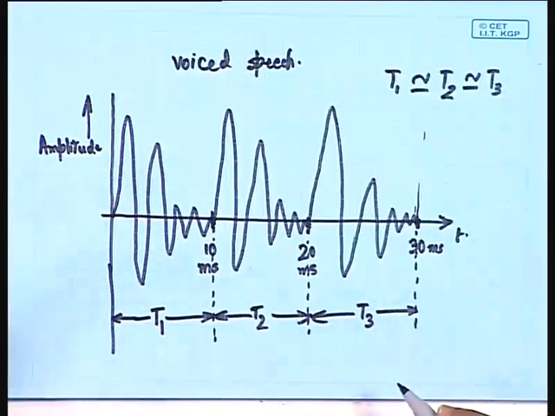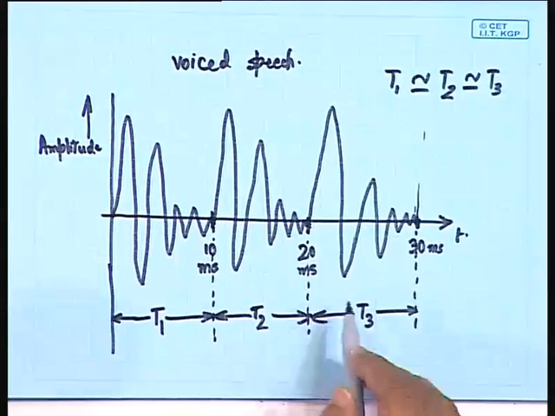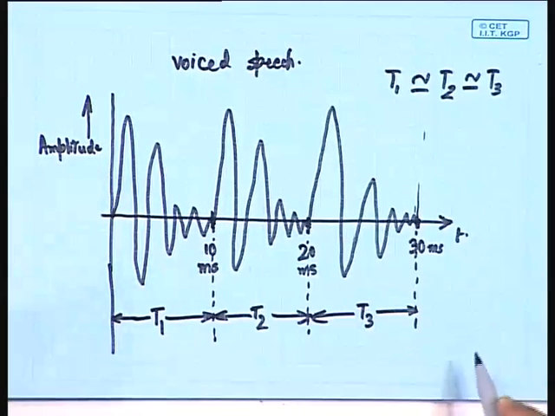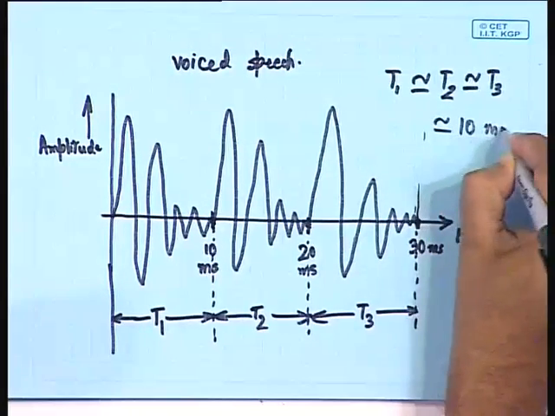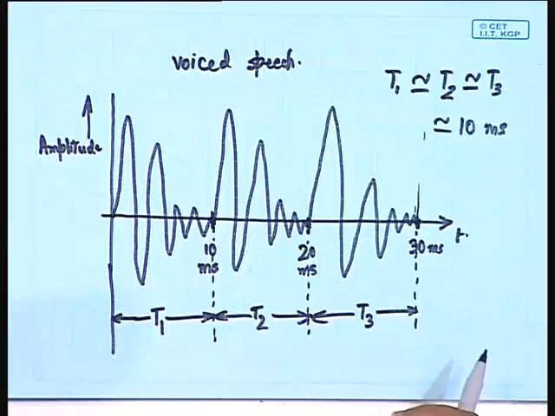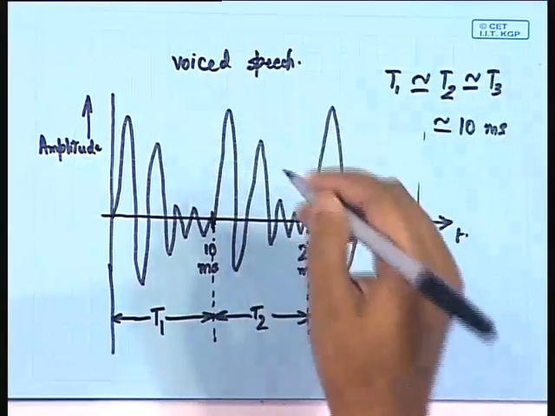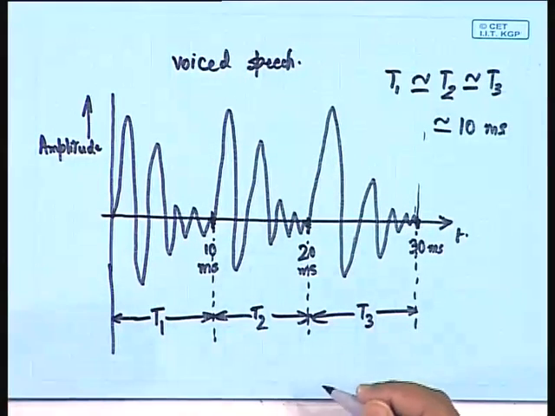So, some kind of quasi periodicity can be assumed, and in this particular example waveform that I have drawn, this time period is approximately equal to 10 milliseconds. So, now you see that the time with which this is repeating is this 10 milliseconds.